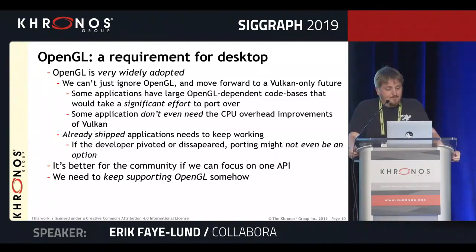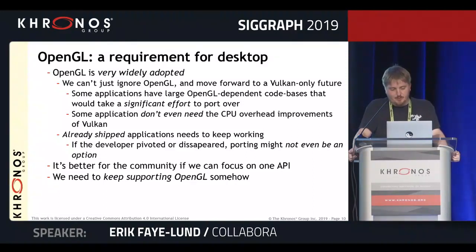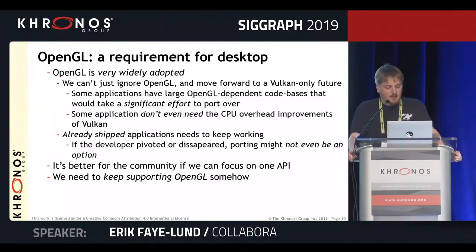But we need to keep stuff working somehow, and especially in the open source world, it's much better for the community if we can implement an OpenGL driver once and everyone just has to develop one Vulkan driver for their new hardware.